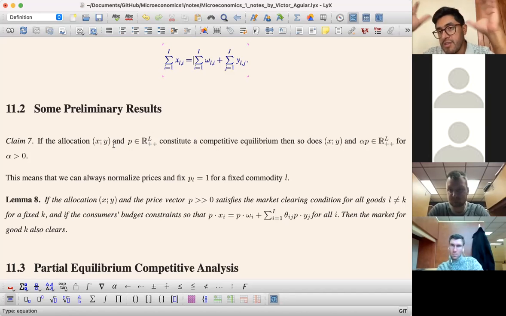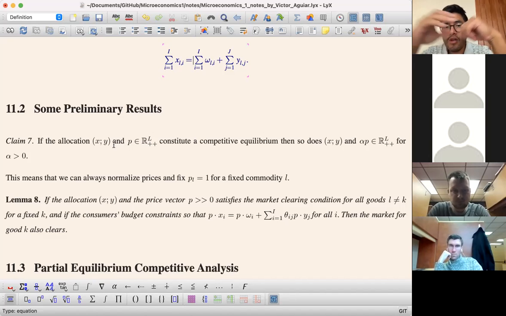And now this is written in this very Einstein notation, X, Y, right? And then prices, which is of size L, they constitute a competitive equilibrium. Then this different allocation with sharing X and Y, but with a different price, alpha times the original price, for any alpha positive, is also a competitive equilibrium, okay?